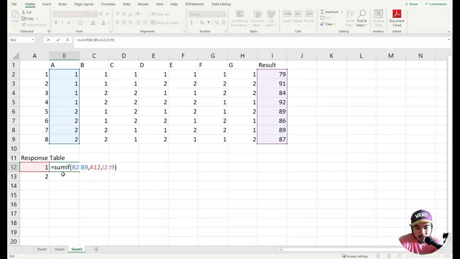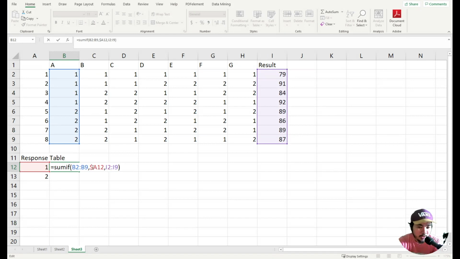So ang gusto ko kasi is I should be able to drag this to the right, tapos gusto ko rin i-drag downwards. So if i-fix natin siya, yung criteria natin should move up and down pero hindi siya mag-move left to right. So ang gagawin natin is i-fix natin yung column, which is the letter.